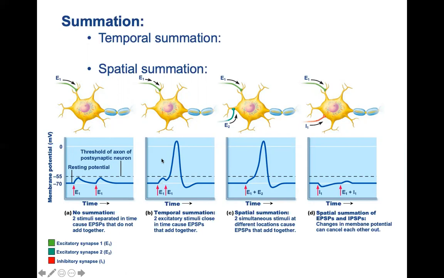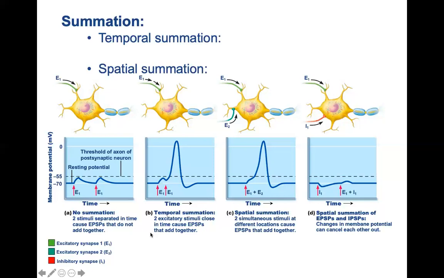Now, in the same scenario, what if you have the same neuron creating an excitatory postsynaptic potential, but the stimulation is more rapid? So you are basically continuously causing the postsynaptic neuron to be excited, to become depolarized. In that case, we have what we identify as temporal summation.